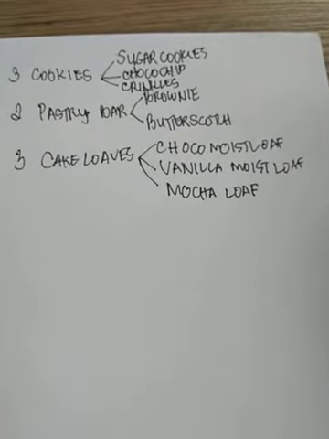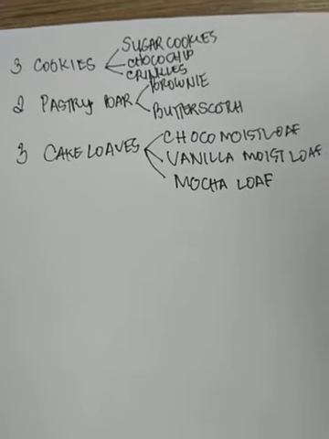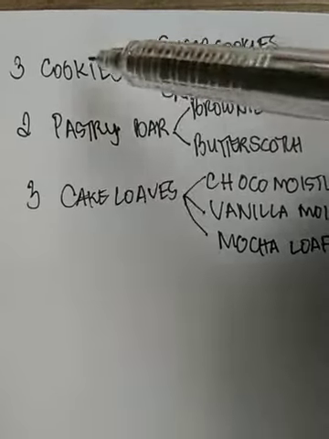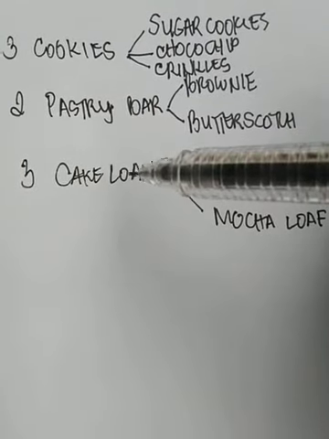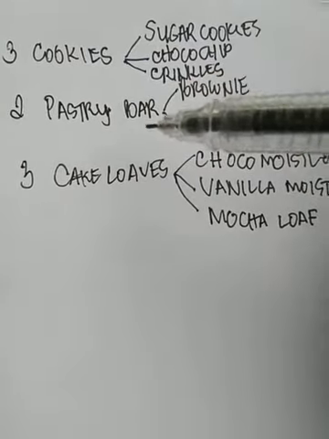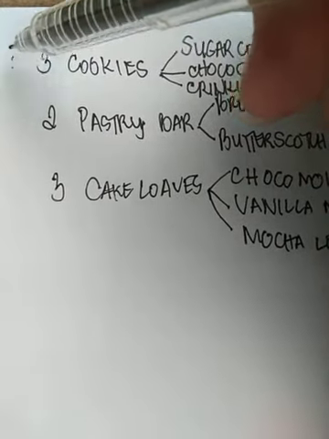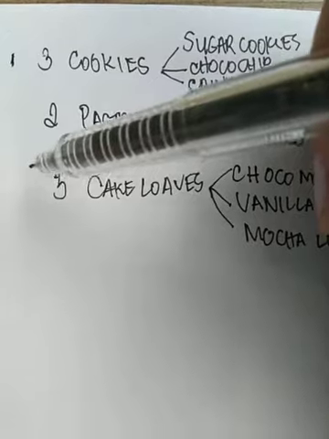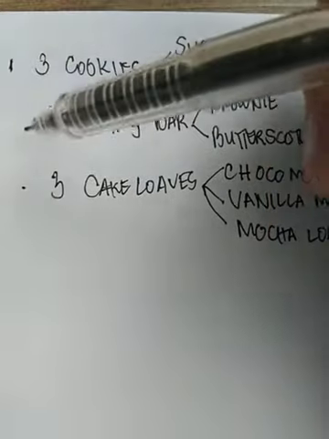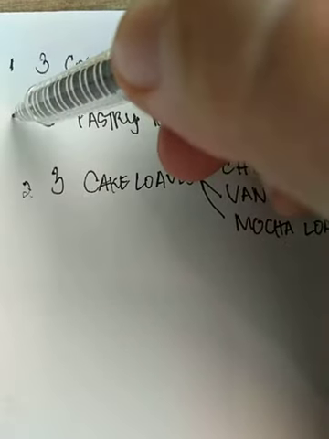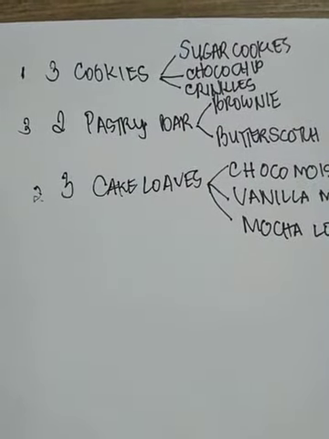Okay? So, example po sa distribution. Halimbawa, mas mabenta sa'yo yung cookies, tapos next is yung cake loaves, tapos huli na yung pastry bar. Kumbaga sa ranking, mabilis sa'yo yung cookies, sunod yung cake loaves, and then third sa rank mo is yung pastry bars.